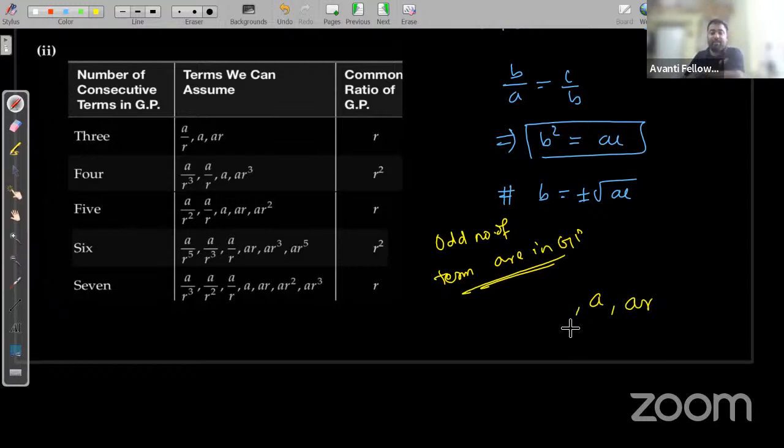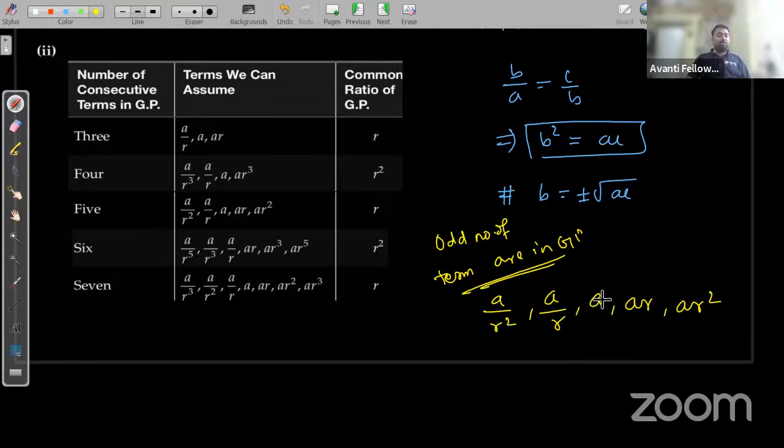And if I ask you what is the previous term of A, that will be A by R. So if I ask you to choose 5 terms of a GP, then simply, AR square, A by R square. Now you see these are 5 terms of a GP.